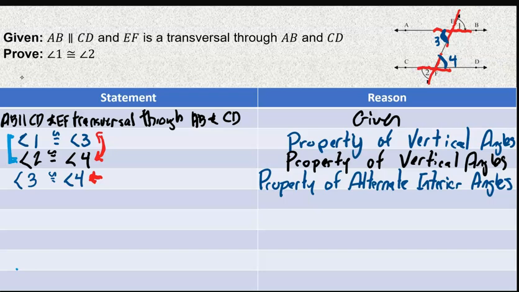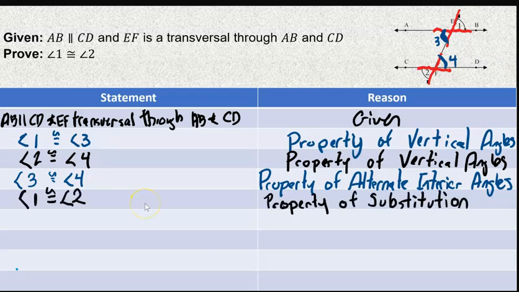So now what I could say is that I can substitute these angles however I like. Well, what I want to prove is angle 1 is congruent to angle 2. So I'm going to make that statement now by using the substitution property. And here it is.